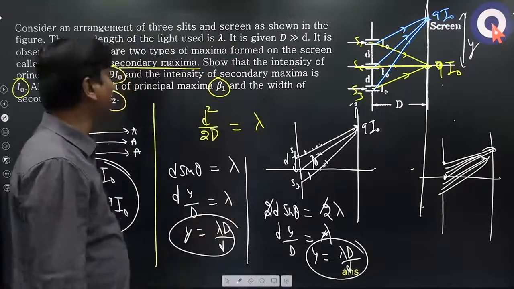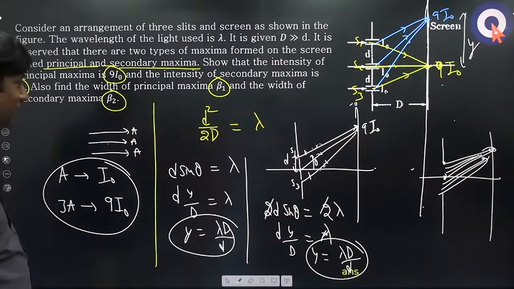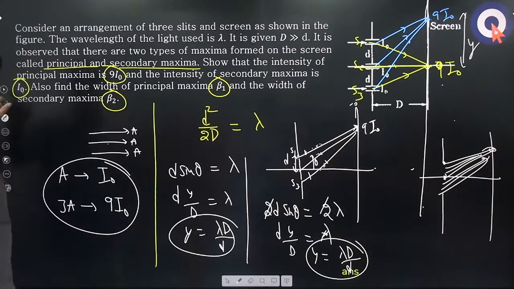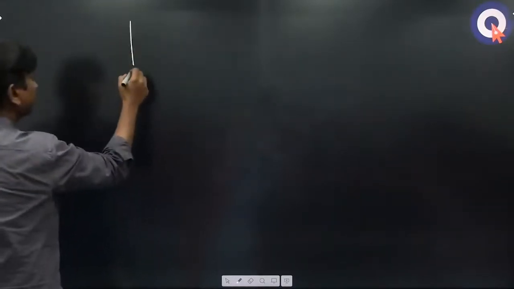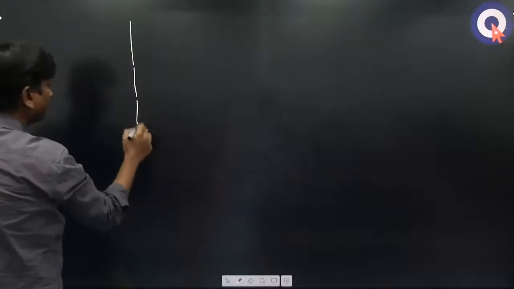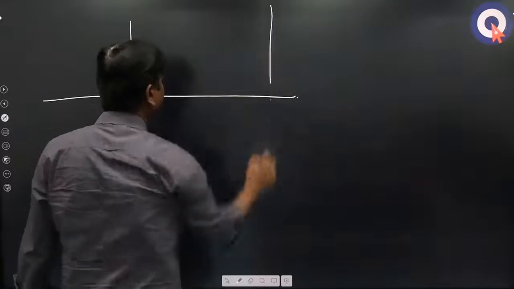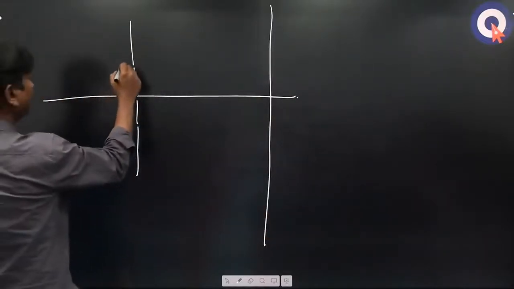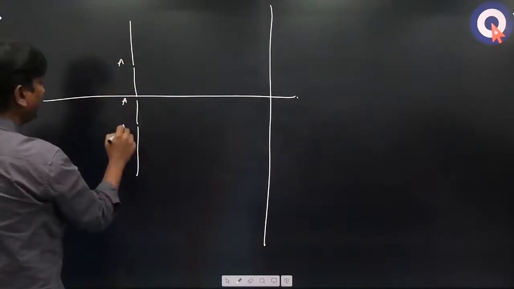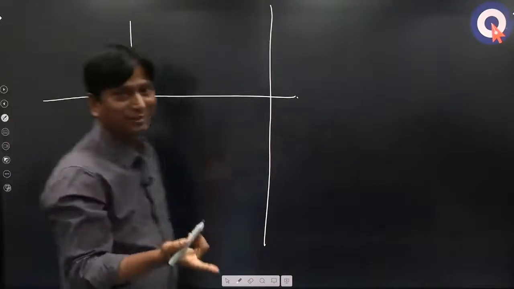Now let us talk about the secondary maxima, which has intensity I0 only. So for that also we'll talk. So you have to get I0. So let us say this amplitude is A, and A. Intensity is of course I0, and resultant intensity is I0 only you should get.